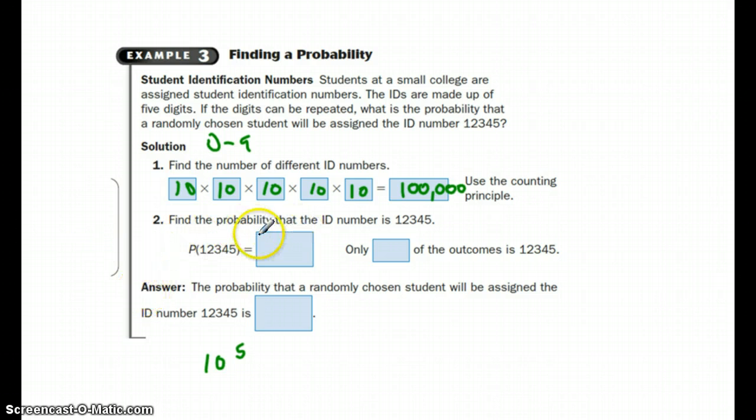Okay, now to find the probability that the ID number is 1, 2, 3, 4, 5, well, that would be 1 out of 100,000, because only one ID can come up with that number out of 100,000. And again, only one of the outcomes is going to be 1, 2, 3, 4, 5. So the probability that a randomly chosen student will be assigned the ID number 1, 2, 3, 4, 5 is 1 in 100,000.